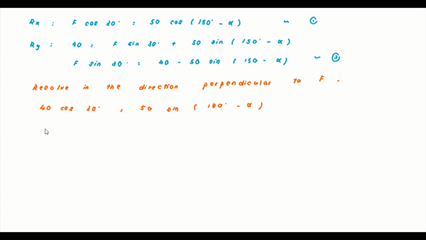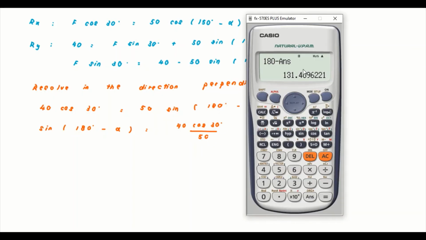So sine 180 minus alpha is equal to 40 cos 30 divided by 50. Similarly, let's use the calculator. Shift sine and then 40 cos 30 and divide by 50.